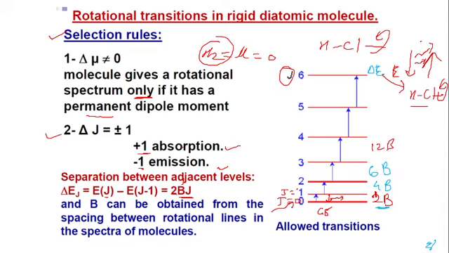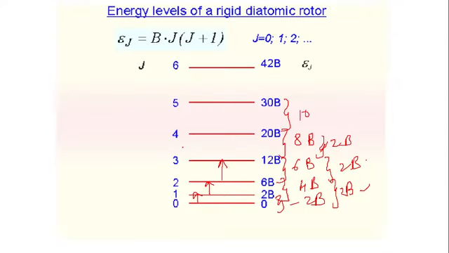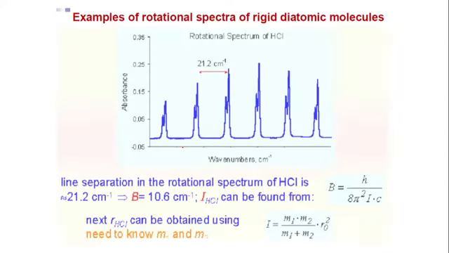You can see in this transition, the first transition energy is low. Whenever we move from lower energy to higher and higher transition levels, the energy difference is going to increase. That means the required energy is going to increase. This increases from 2b, 4b, 6b, 12b, 20b, in this manner. According to that, we can calculate the spectra of different diatomic molecules.